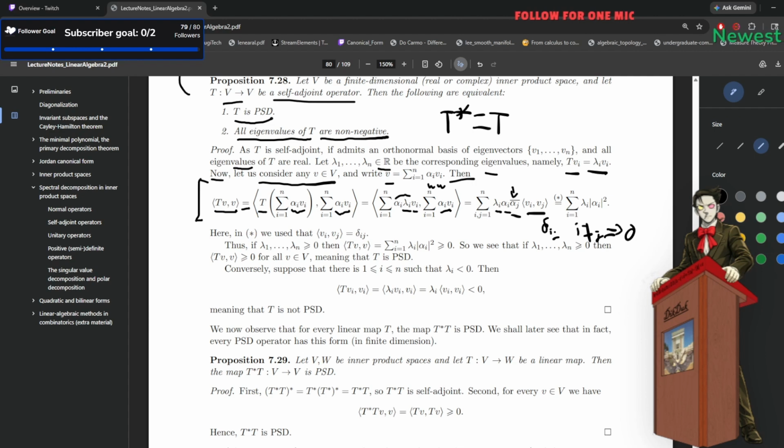Remember, the sum symbol: you're just adding all these items from 1 to n, so you add the first item, second item, etc., up to your nth item. That's about it. Now then we use the star.